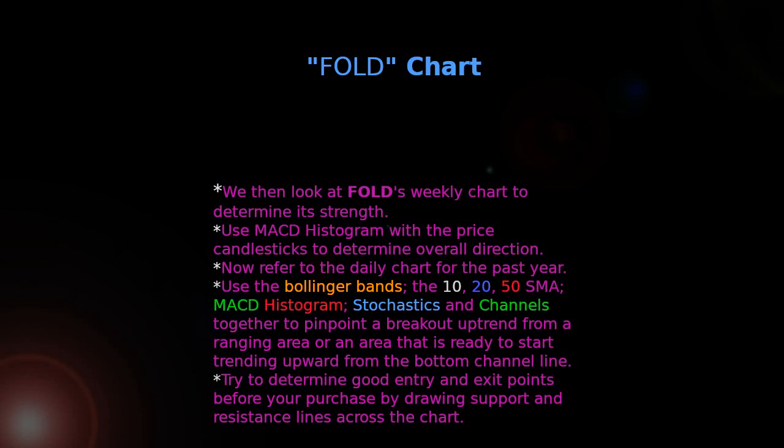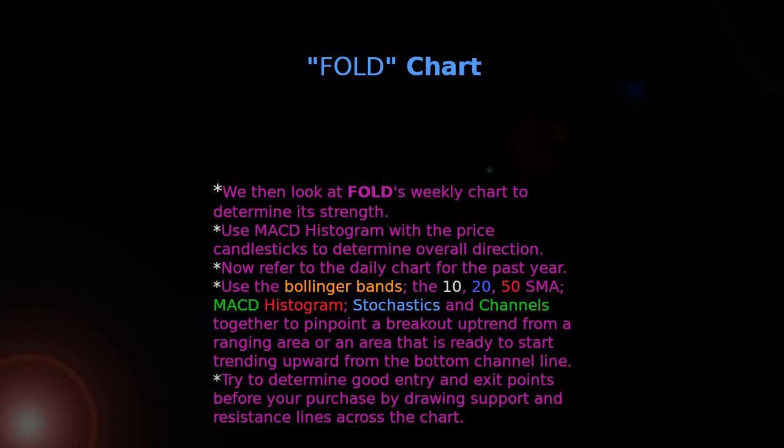We then look at FOLD's weekly chart to determine its strength. Use MACD histogram with the price candlesticks to determine overall direction. Now refer to the daily chart for the past year.